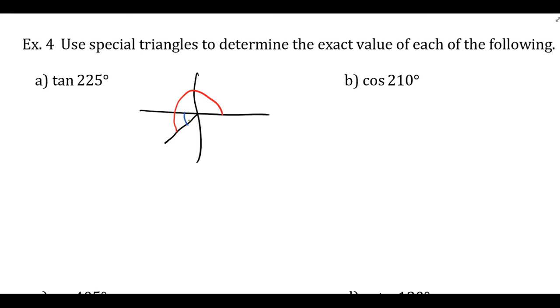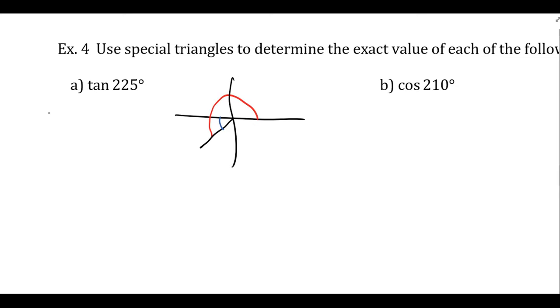If you rearrange, it'd be 225 minus 180. And what does that give me? 45, right? So theta related is 225 minus 180, which is 45 degrees.